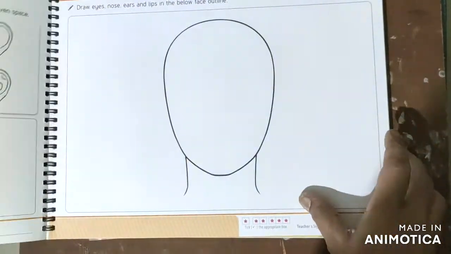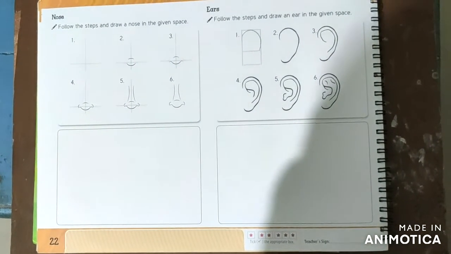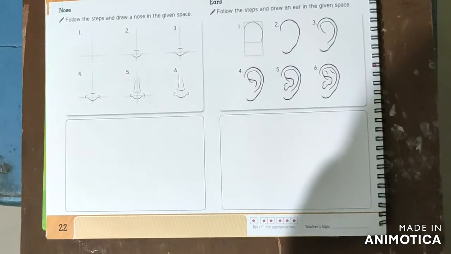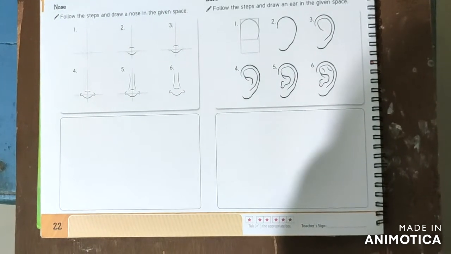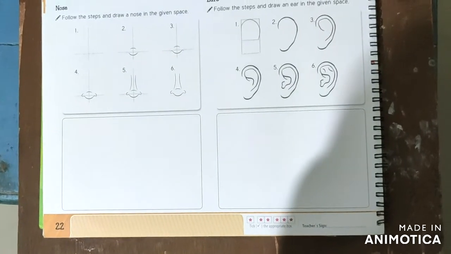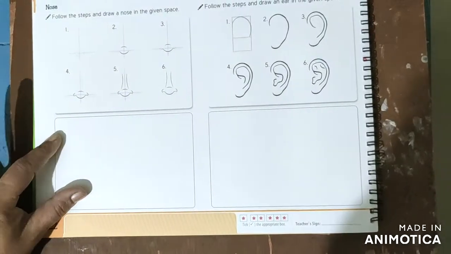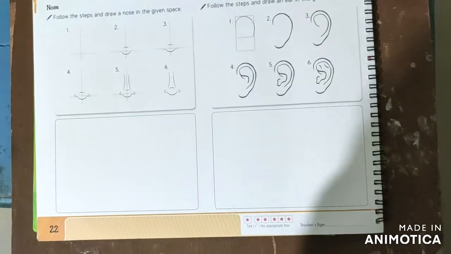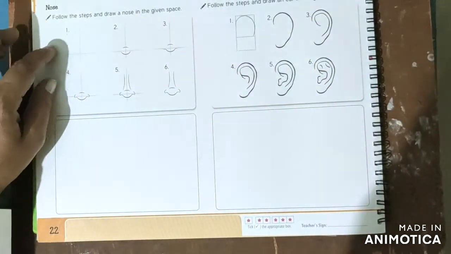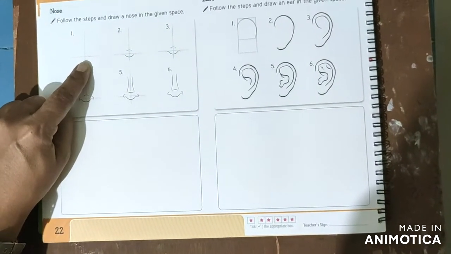Now turn the page. Page number 22, nose and ears. Again we have 6 and 6, 12 steps. So for each, 6 steps are there. Follow the steps and draw the nose in the given space like this. Follow the steps and draw the ear in the given space. Look here, an elliptical-like small shape is drawn here.